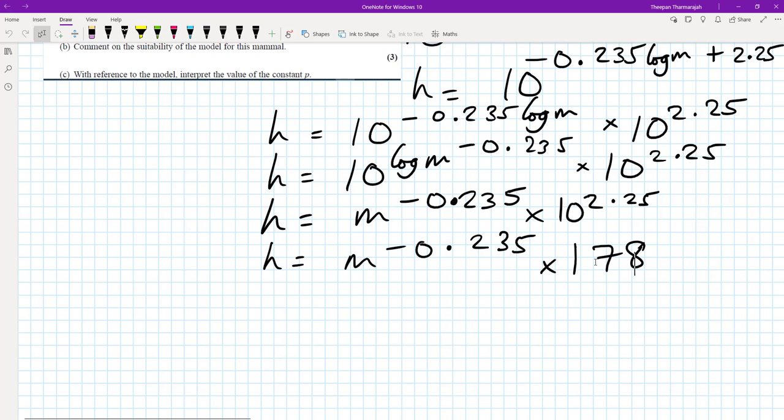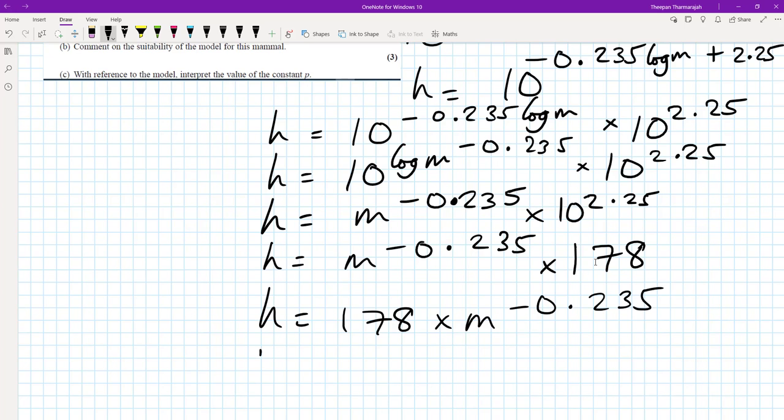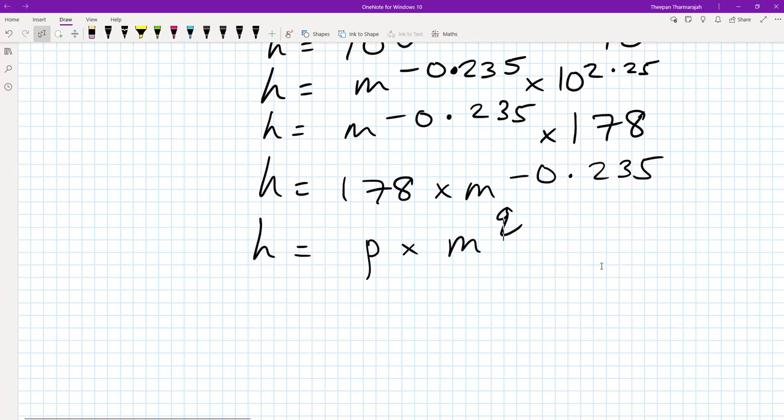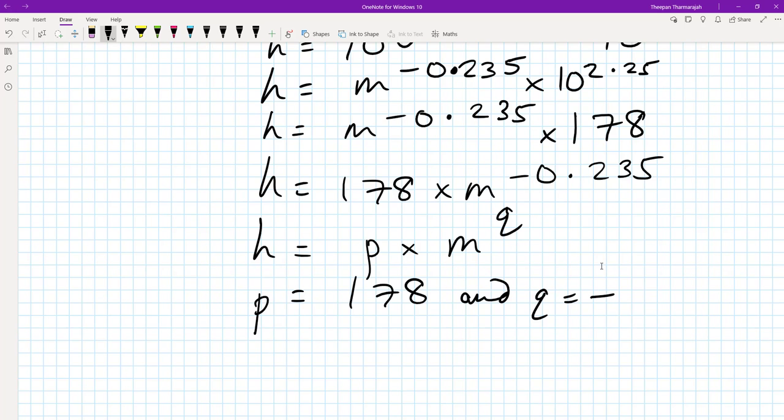So in our case, we've got 178 times m raised to the power of minus 0.235. Now originally that was p times m to the power of q. So in our case, p is 178 and q is minus 0.235. And that's both answers correct to 3 significant figures.